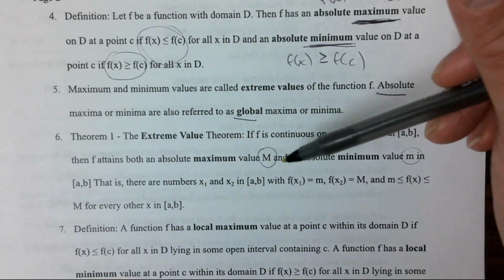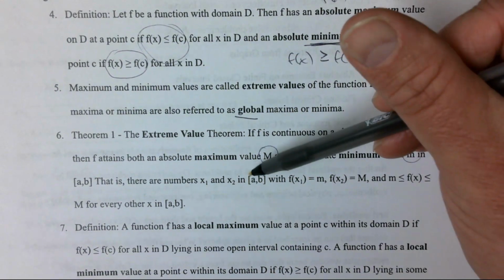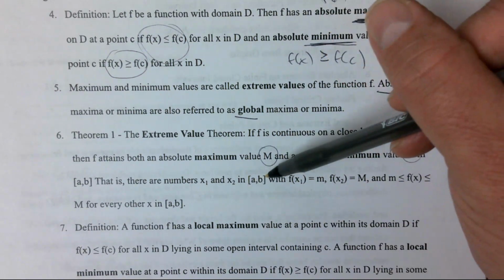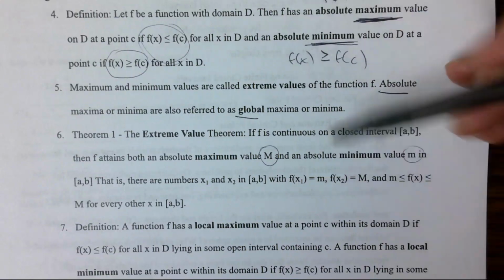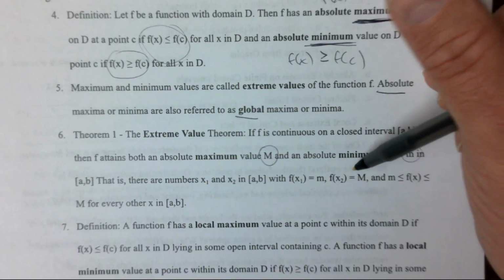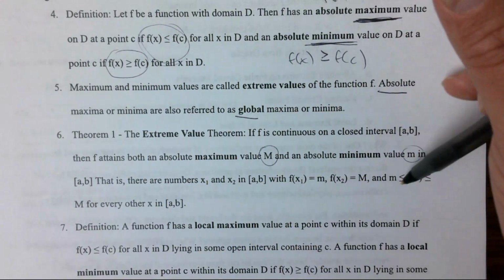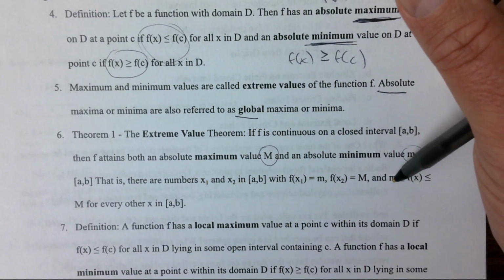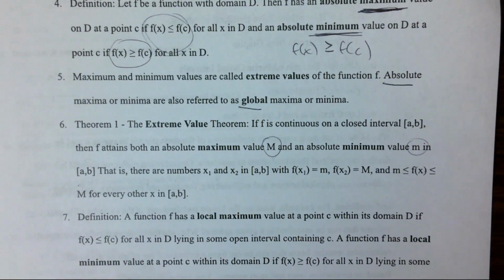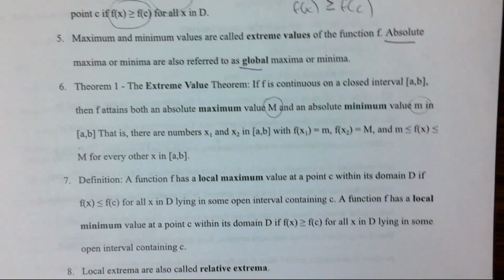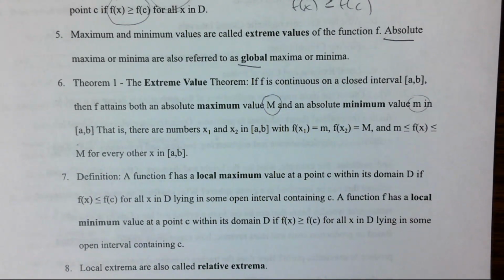That is, there are numbers x1 and x2 in that interval [a, b], with f of x1 equal to m and f of x2 equal to M, and m is less than or equal to f of x, which is less than or equal to M, for every other x in [a, b]. That doesn't literally mean every other one, like 1, 3, 5. It means for everything else.